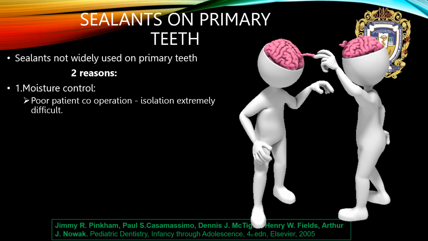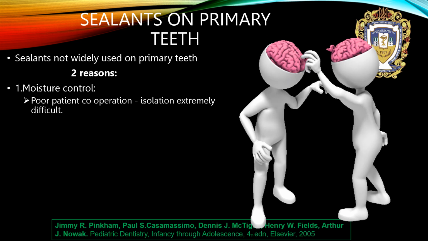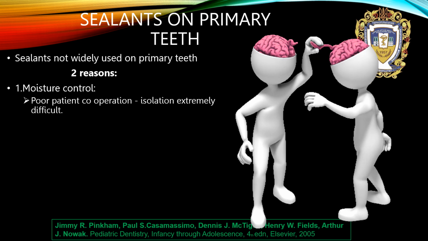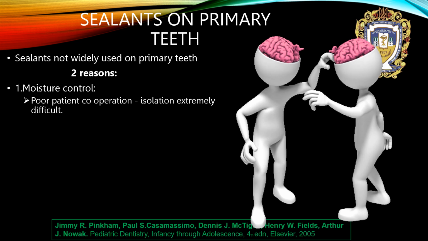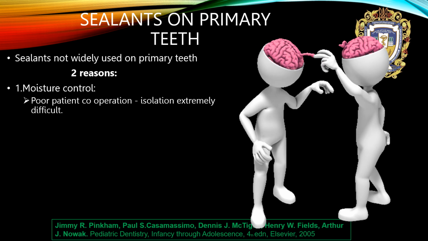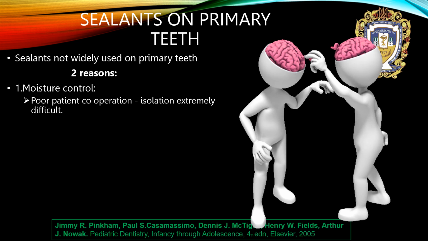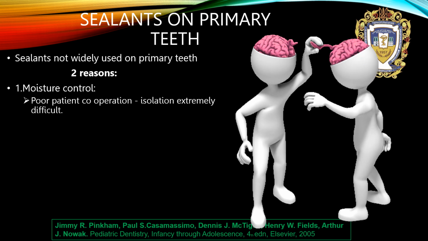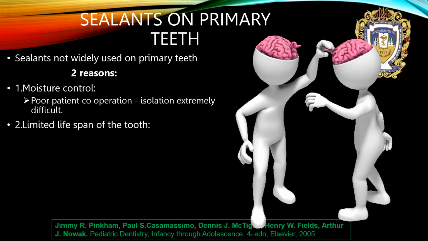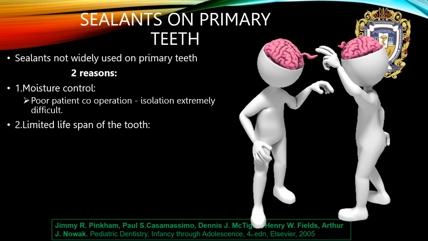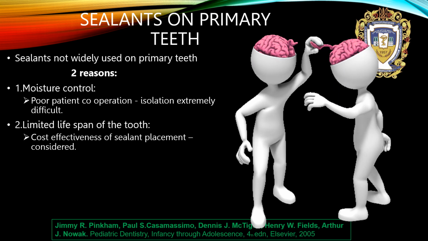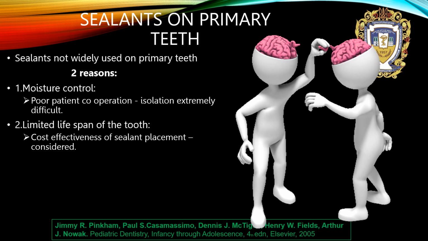Because in young patients there is, as usual, poor patient cooperation, and of course isolation of teeth from moisture is extremely difficult. And second reason, limited lifespan of the tooth, because the cost effectiveness of sealant placement is considered.